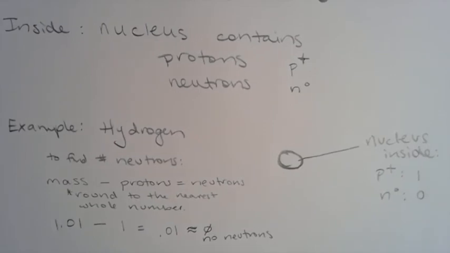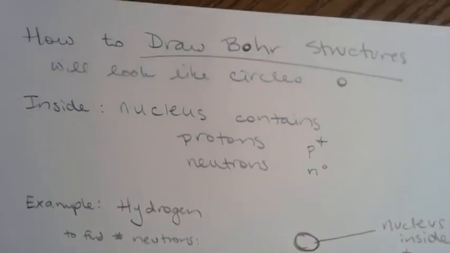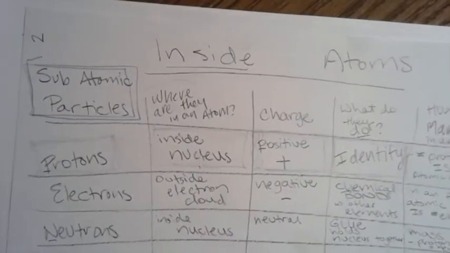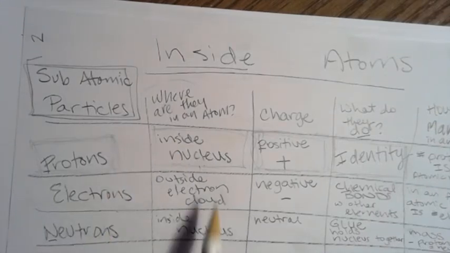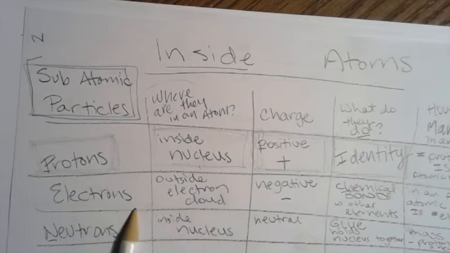The particle that we'll put on the outside is the other one. So here are all of our particles. We just put protons and neutrons in the nucleus, where they live. These electrons are what we're going to put on the outside in the electron cloud.